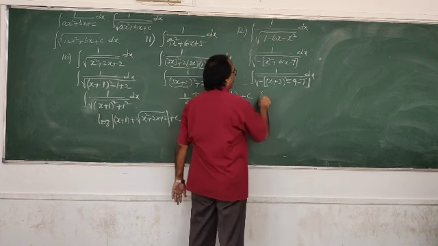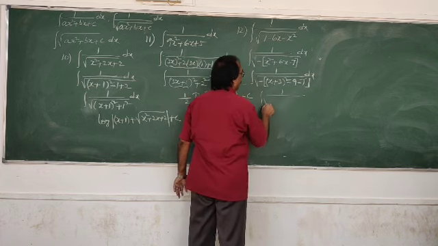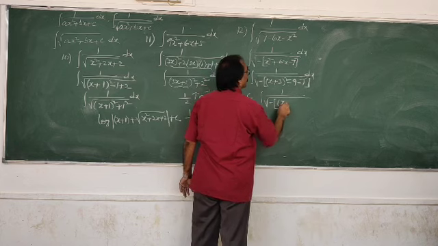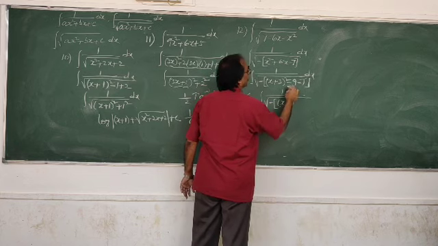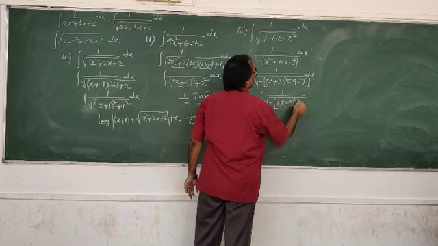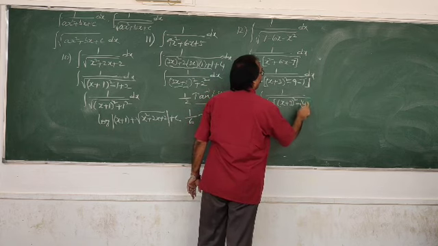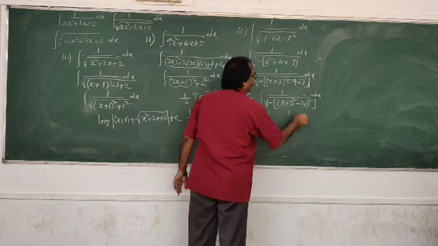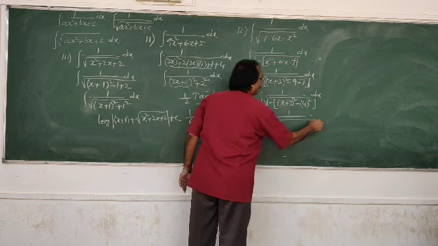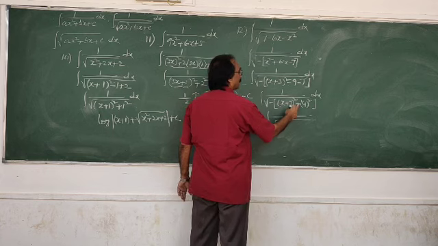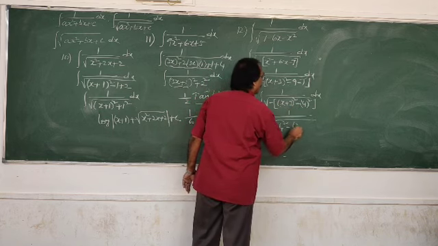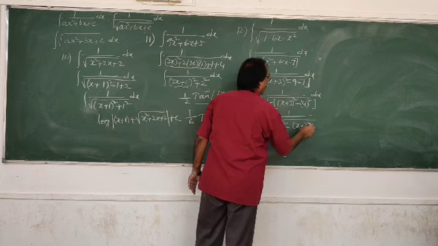Now you simplify. Integral 1 by square root of minus of x plus 3 whole square minus 9 minus 7, minus 16, that is nothing but 4 whole square dx. Now the work with the minus is over. Now I will multiply with minus, the minus and minus plus will become minus, so it will become 4 square minus x plus 3 whole square dx.